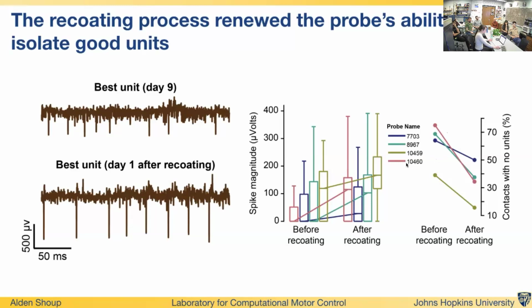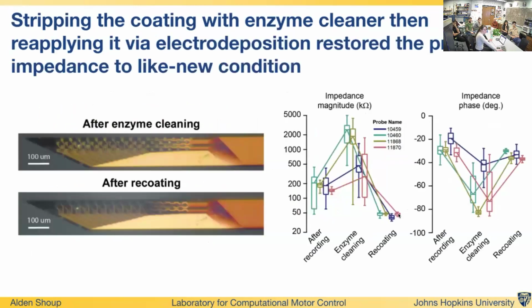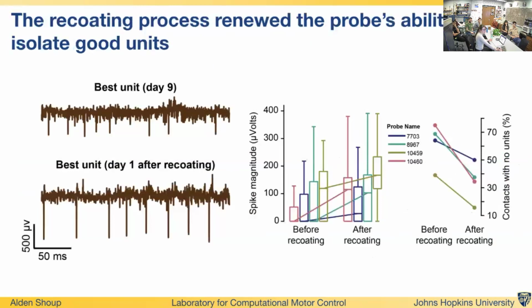And yeah, so this essentially shows that the recoating process works. We have good impedances, but we also have good spike amplitudes and we're able to isolate a lot of good units. And so the process works the way it's supposed to.